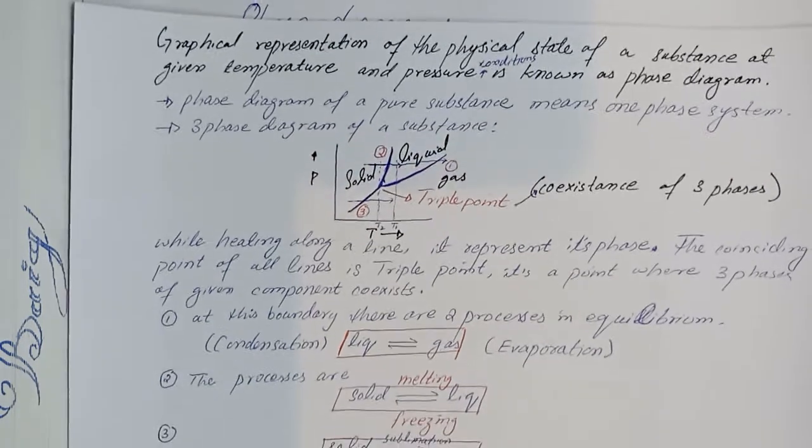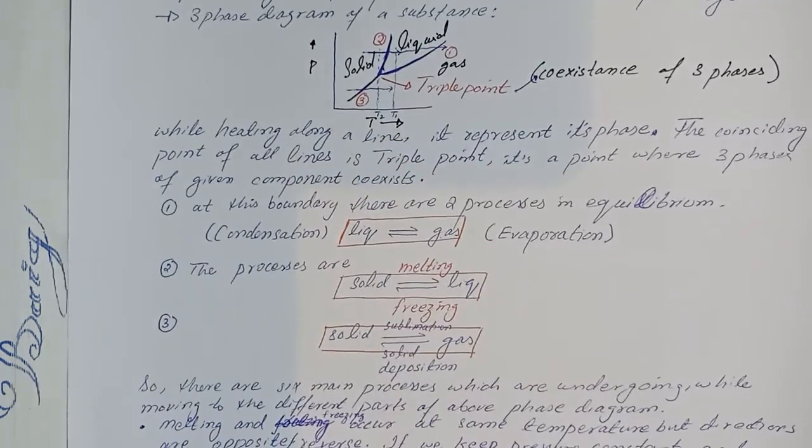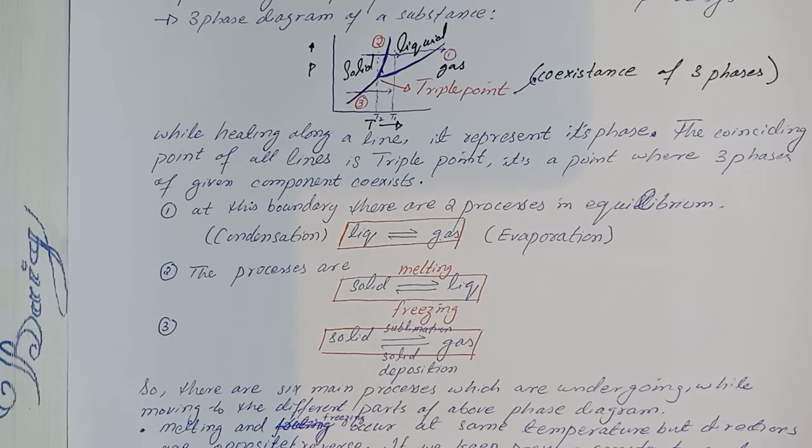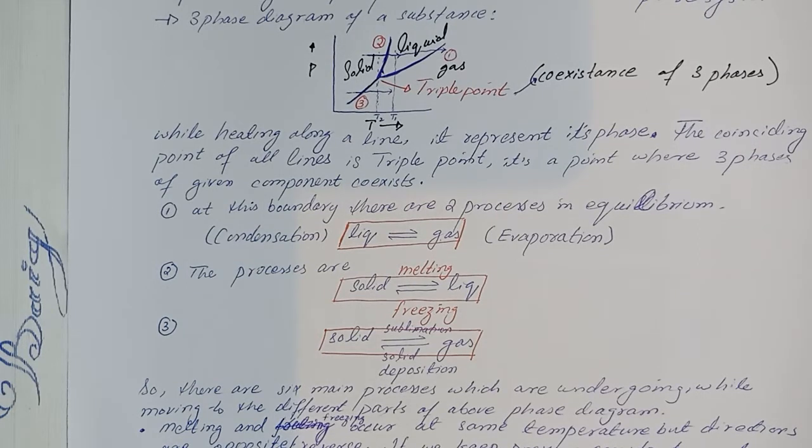So there are 6 main processes which occur while moving to different parts of the phase diagram, shown here, known as condensation, evaporation, melting, freezing, sublimation and solid deposition.